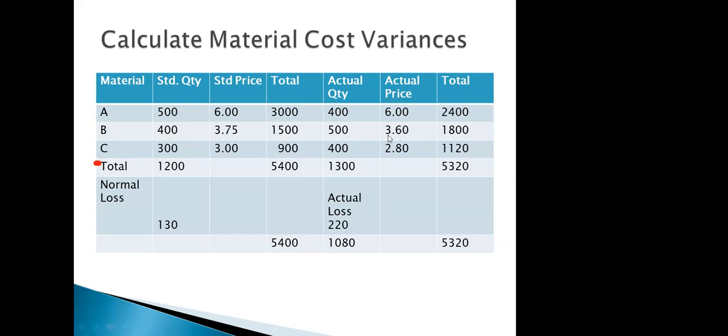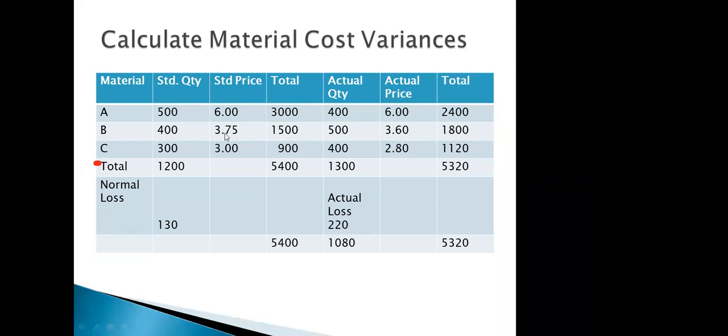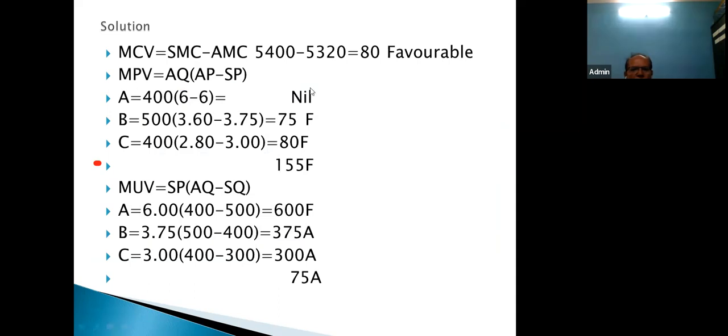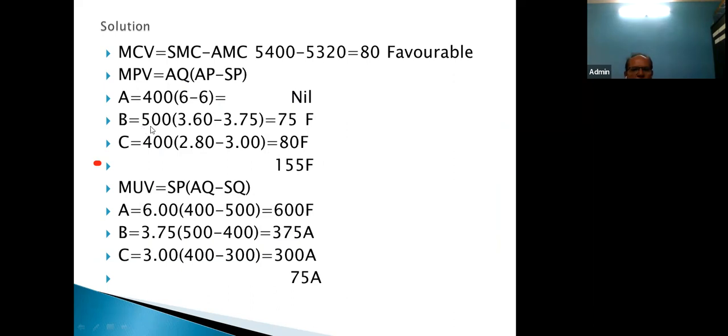Look at my cursor. And what is the standard price of B material? 3.75. So the company has paid a lesser actual price. So naturally, what will be the variance? It will be favorable. But let us calculate this. Actual quantity for B is 500, in bracket.